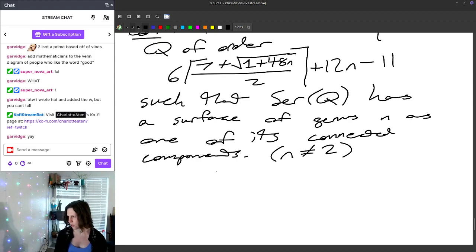Just as a quick check, or just to look at what the result is saying: if we take n equals 3, what is this telling us?